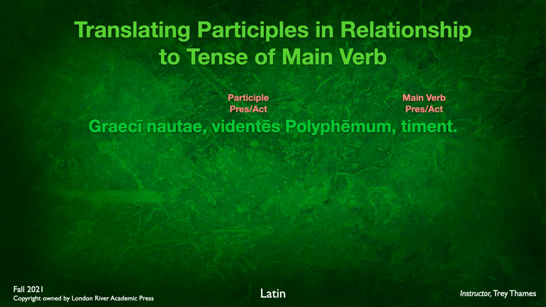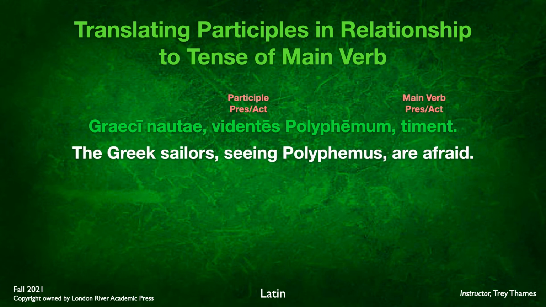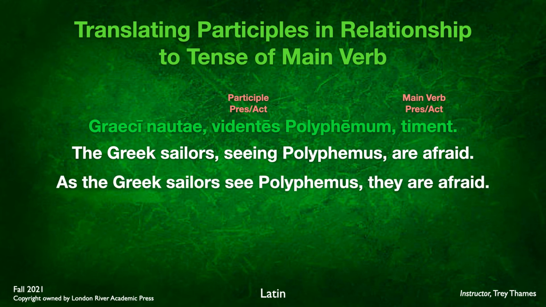So here's the translation. The Greek sailors, Graiki nautai, videntes palaphemum, seeing Polyphemus, tement, are afraid. The Greek sailors, seeing Polyphemus, are afraid. It's kind of an awkward English translation. A better translation, understanding the relationship between the tense or time of that participle in relationship to the main verb, is: as the Greek sailors see Polyphemus, they are afraid.